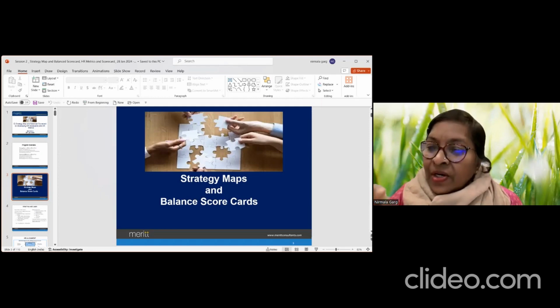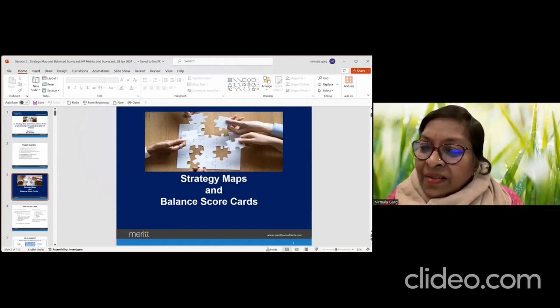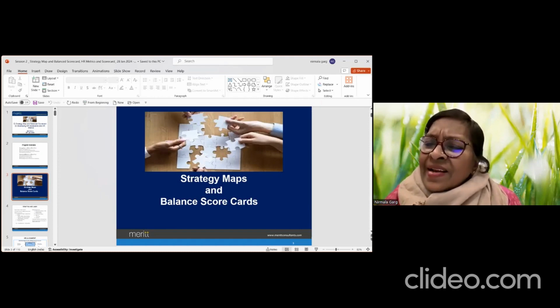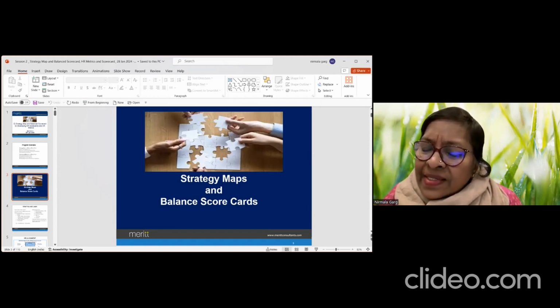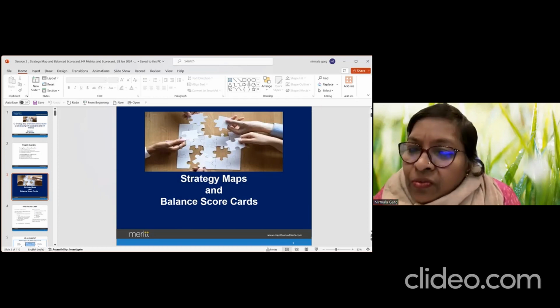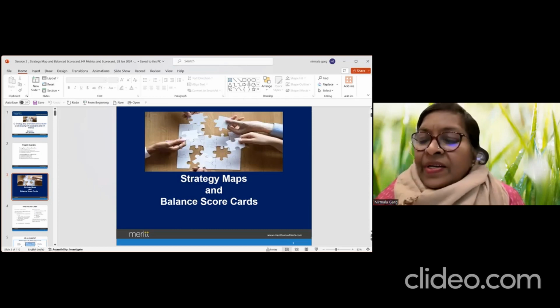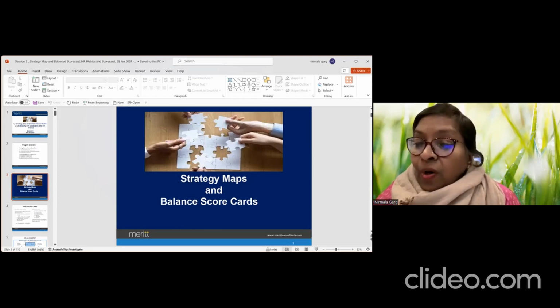So the word I am using is alignment. What is alignment? That means: is there a linkage, a connect, between what I do and the business goals? Because ultimately, business exists to do what? To achieve its goals.